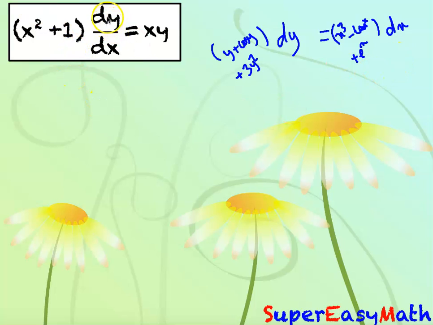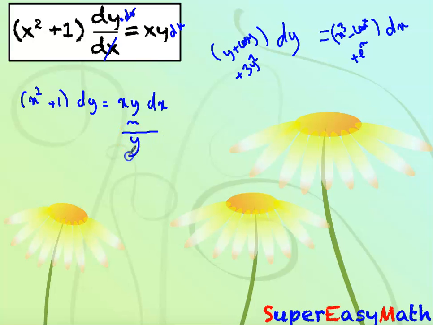First, we have to separate dy and dx. So if you multiply by dx both sides, we will get dx, remove dx, and here we have x squared plus 1 dy equal to xy dx. Now we have this y term beside dx, so we should remove it. Just divide both sides by y.